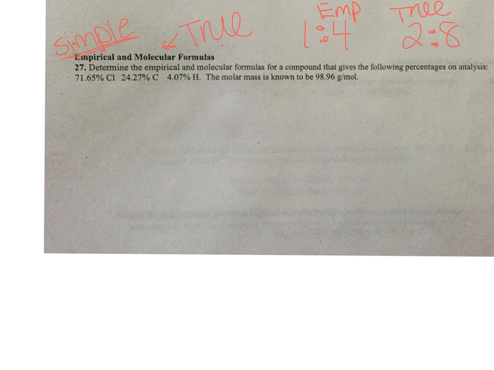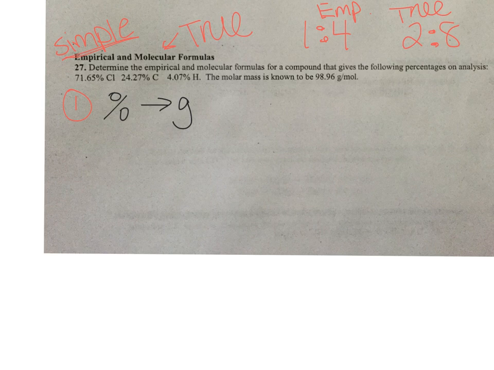All right, so the first step, does anybody remember? When you say you're changing it to a decimal, don't move that decimal. What we're doing is we're assuming a 100-gram sample.